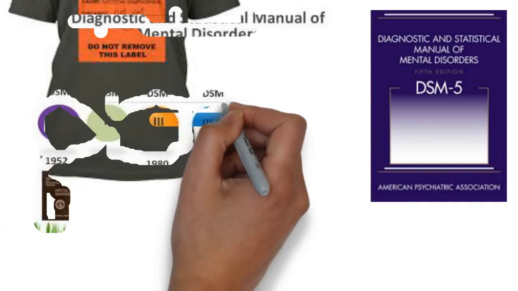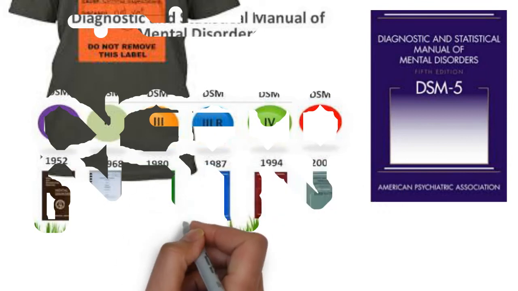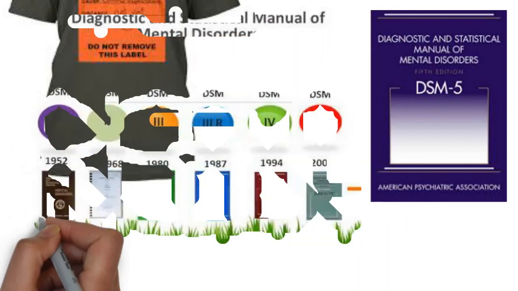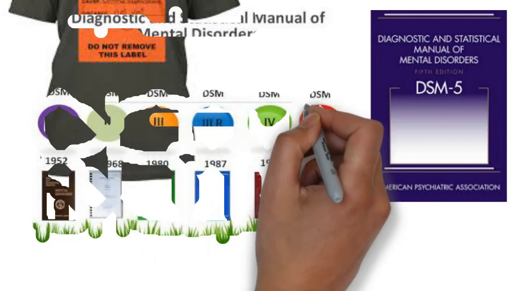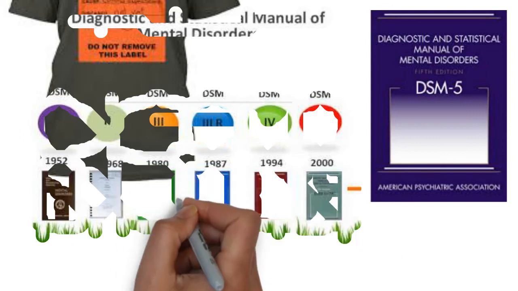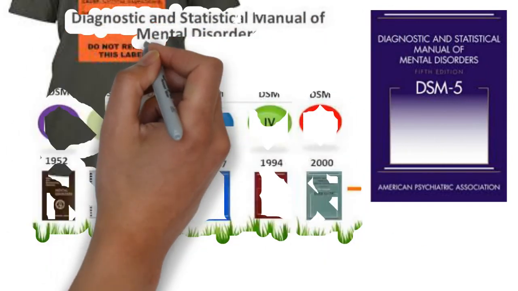And the intention there was so that we could start to move towards an understanding of these disorders. We'd have a way of defining them so we could research them and so that we could develop treatments for them. It's hard to know if a treatment works if we don't have a good definition of the disorder.